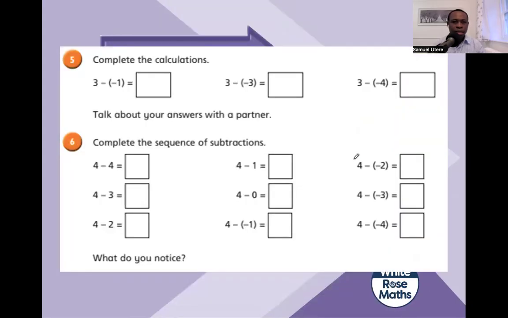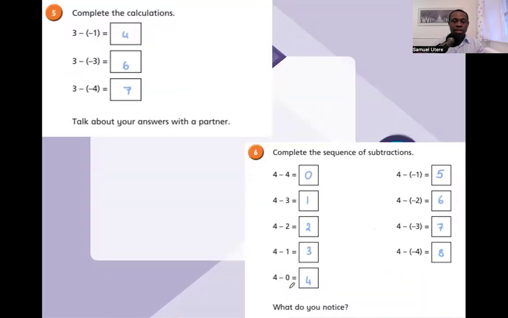Pause the video and answer questions 5 and 6 in 3 minutes. Assuming you've paused the video and you've answered questions 5 and 6, here are the answers. Let's discuss them. So here, you're asked to complete these calculations.